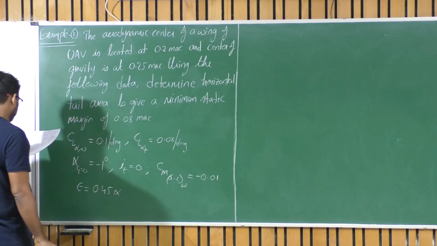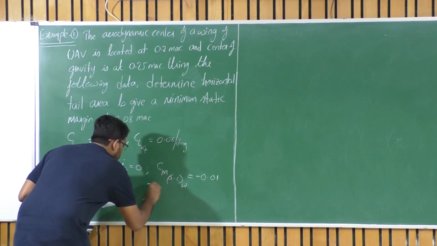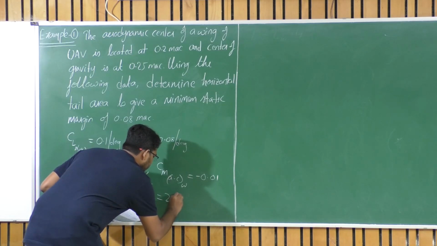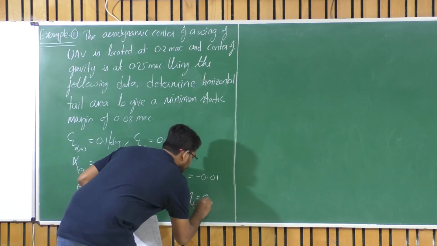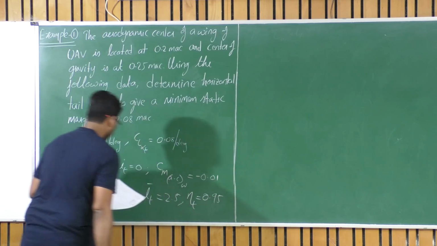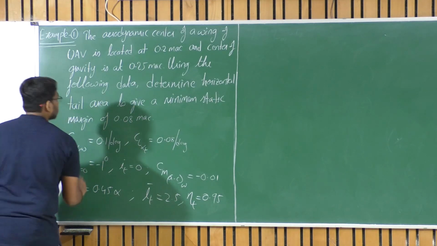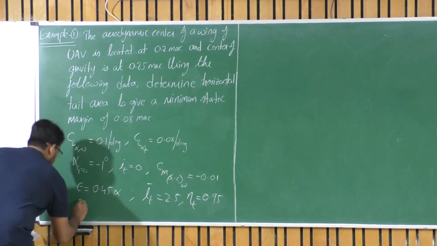And then l_T bar is given as 2.5 with a tail efficiency factor of 0.95. And the area of the wing is about 25 meters square.